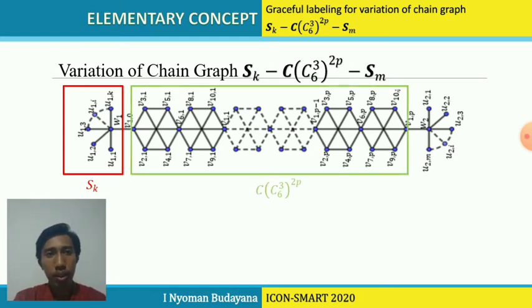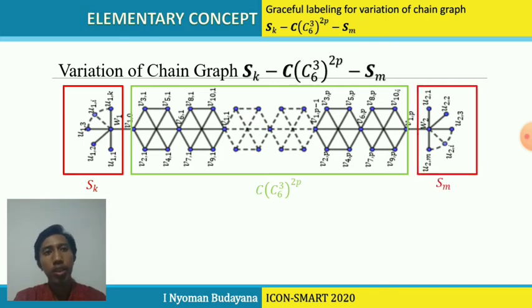The second part is a chain of 2P cycles with chord C6, and then the last is a star with M pendants.